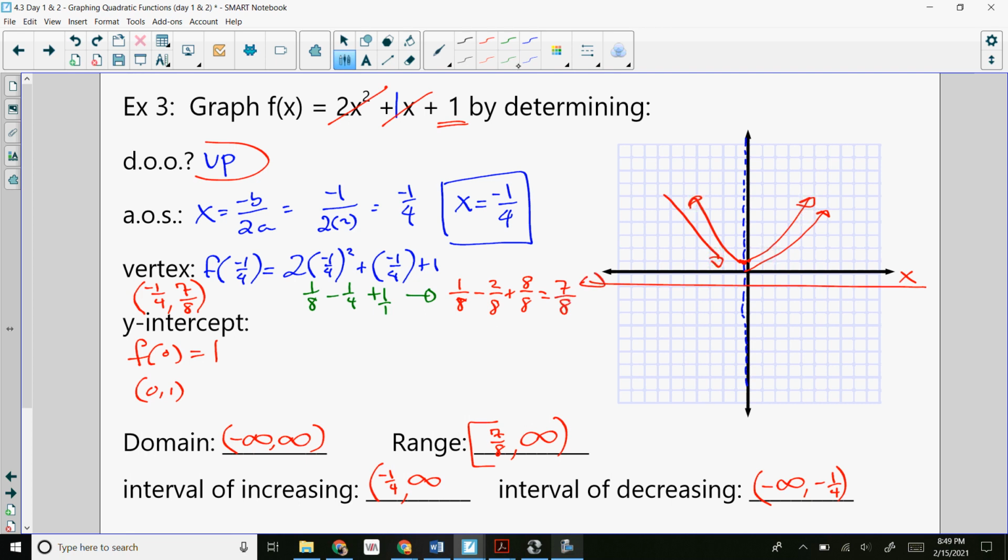So you could think from negative infinity all the way to right here at negative 1/4, that is going down, okay? Going downhill. And then from negative 1/4 to positive infinity in the x direction, our graph is increasing. It's going uphill. And again, you want to read that from left to right. Oh, I did forget. Sorry, this should have a parentheses around that infinity. Okay.